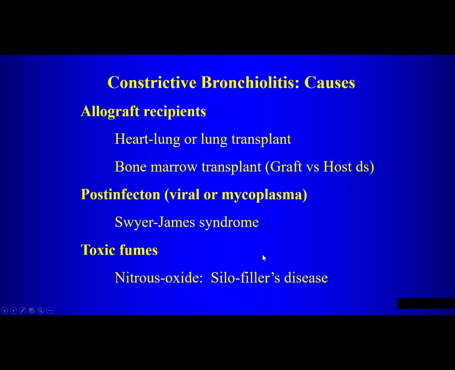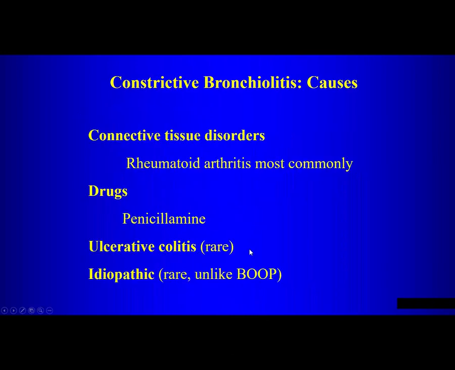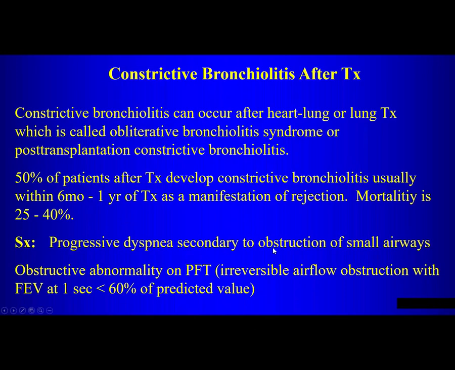That's graft versus host disease. Swyer-James syndrome is post-infectious bronchiolitis obliterans. Toxic fumes, and nitrous oxide exposure, can also cause bronchiolitis obliterans. There are some other more miscellaneous causes also of bronchiolitis obliterans.